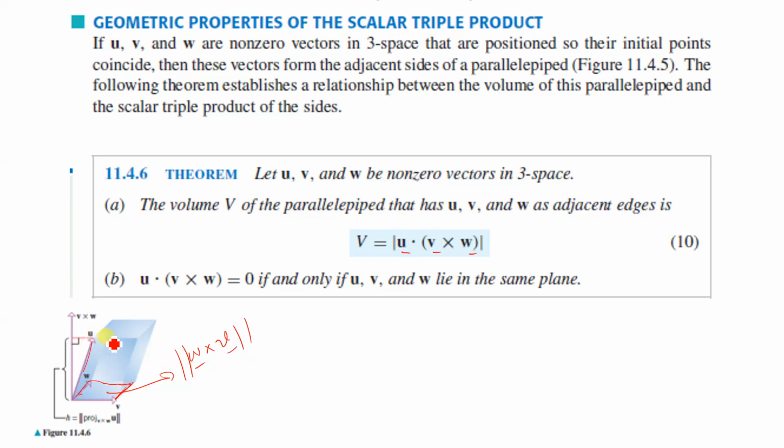Now, what is the height of this parallelepiped? This is the projection of this vector u on v cross w, okay? Scalar projection of u on v cross w. And we know that scalar projection of u on v cross w would be u dot v cross w divided by v cross w magnitude square times v cross w magnitude, and this is equal to this.